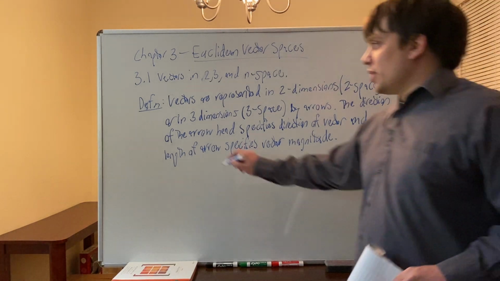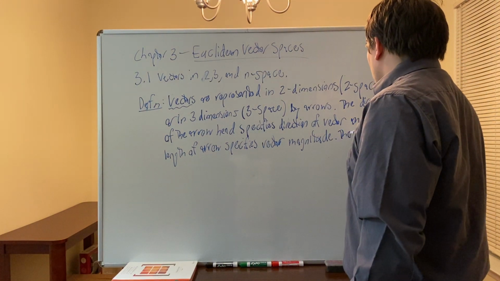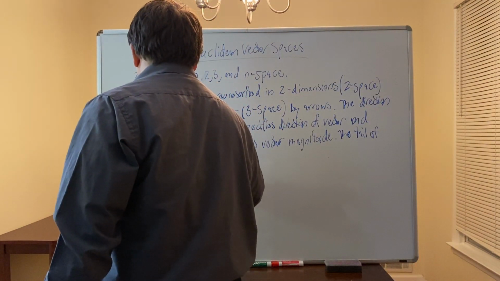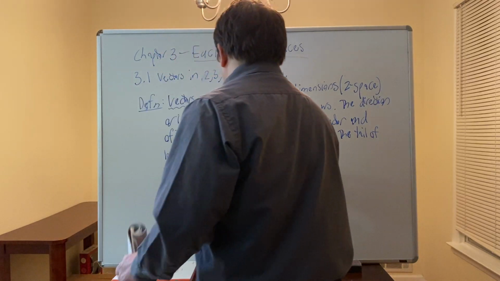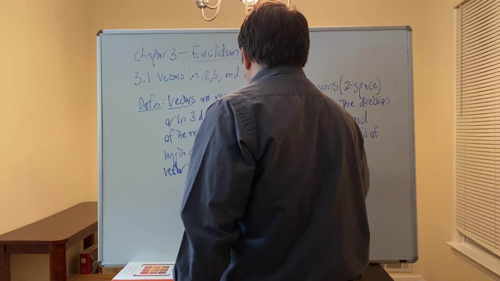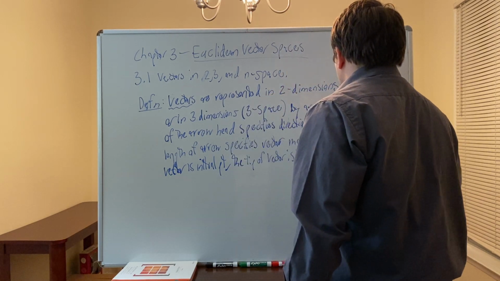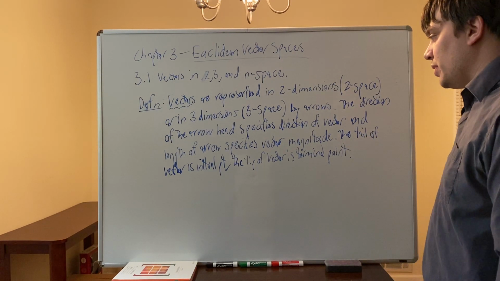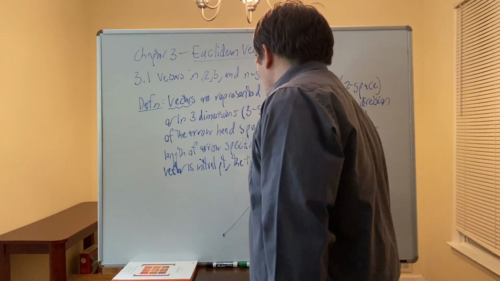So this is talking about vectors. The tail of the vector is the initial point. The tip of the vector is the terminal point. So here's an example of a vector.